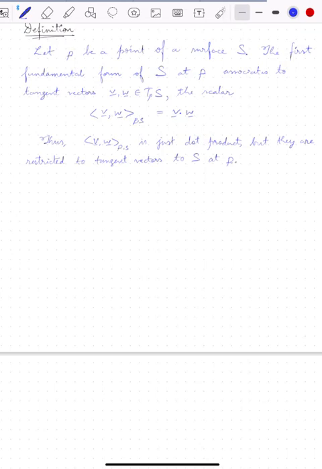So we define the dot product only for the tangent vectors which lie in the tangent plane to S at vector P. So of course, this is an inner product, right? Now, carrying on this idea further, this happens to be an inner product.